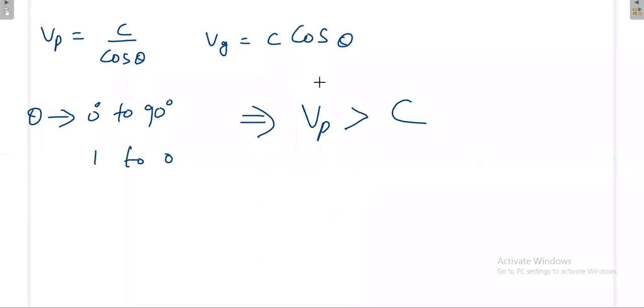Otherwise, since cos theta is in the numerator, there is a chance that the group velocity will be less than C. Vg less than C is possible, because if theta is between 0 to 90 degree, then you get the condition, which is our original condition: phase velocity has to be greater than C and group velocity has to be less than C.